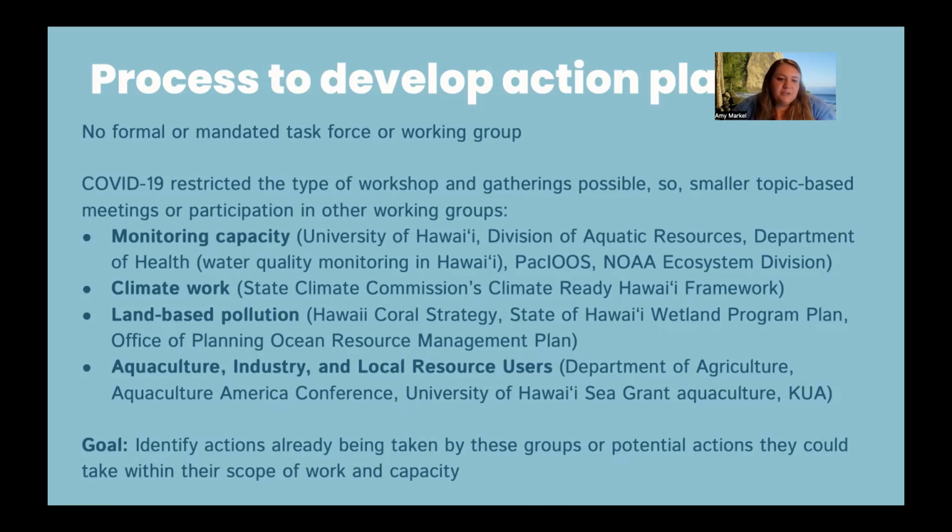For aquaculture industry and our local resource users, we talked to our Department of Agriculture, who works with our aquaculture specialists, met industry leaders at the Aquaculture America Conference, spoke with our extension agents from University of Hawaii Sea Grant for aquaculture and our grassroots organization for cultural practitioners, KUA, Kua Aina Ulu Auamo, and specifically met with the fishpond coordinator. Our fishpond is our indigenous aquaculture in Hawaii.